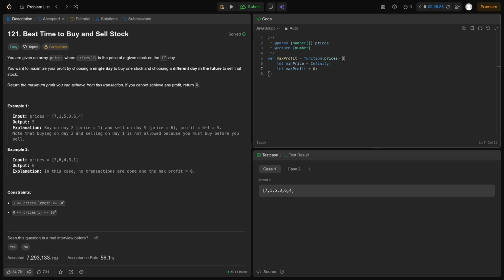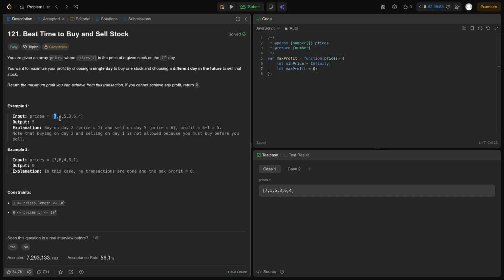Here you will ask why I have assigned infinity to minimum price and 0 to maximum profit. It is to ensure the very first price we look at becomes the minimum price. If we traverse this array, the first number will be the minimum price so far.